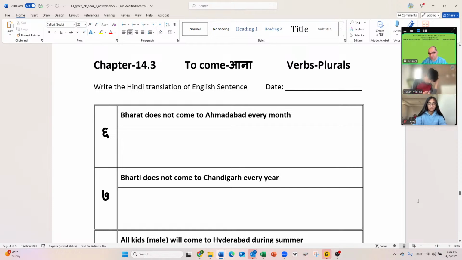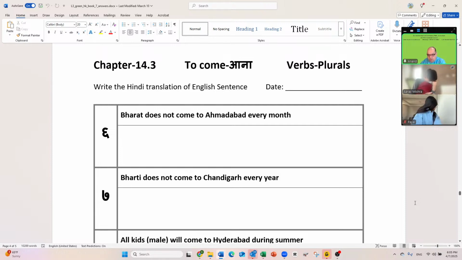Bharat does not come to Ahmedabad every month. Okay, so let's first think about this sentence.